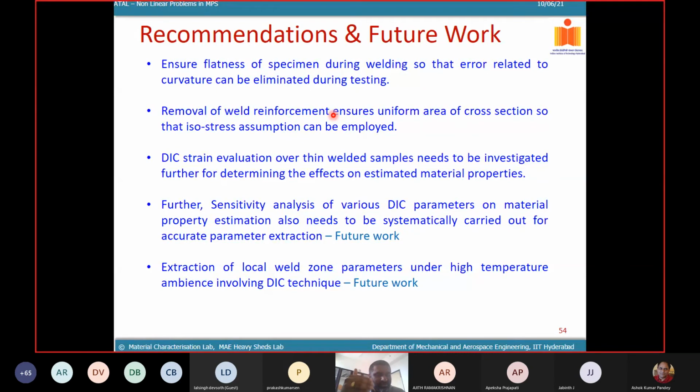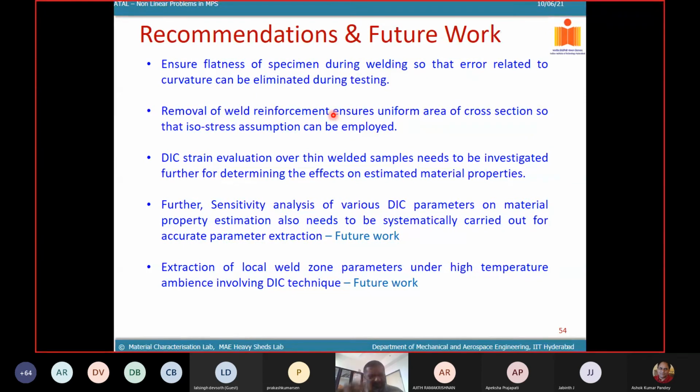They do use DIC for the measurements. Then the biggest challenge is you have large structures, you apply loads, and how do they behave? That's another question, and there we use DIC extensively for the measurements.